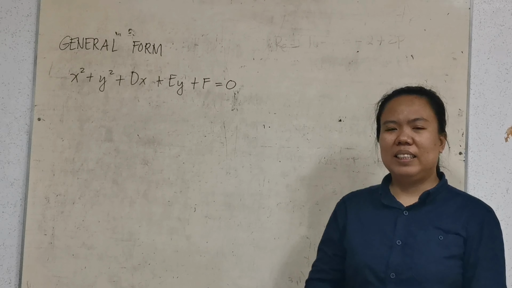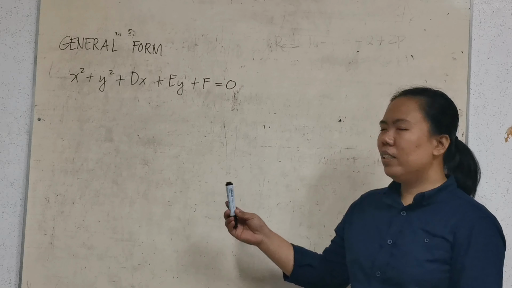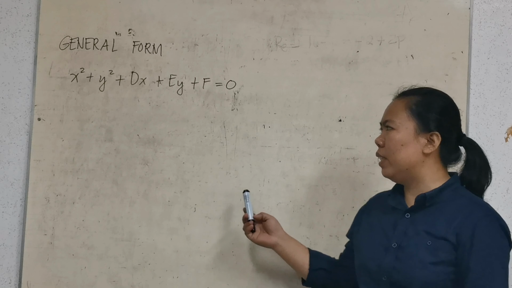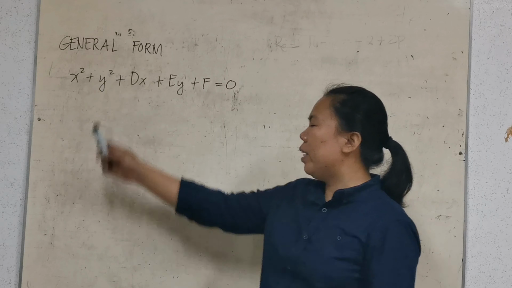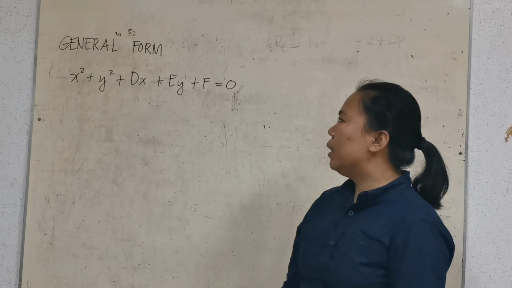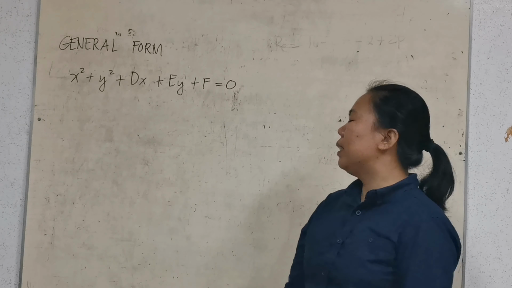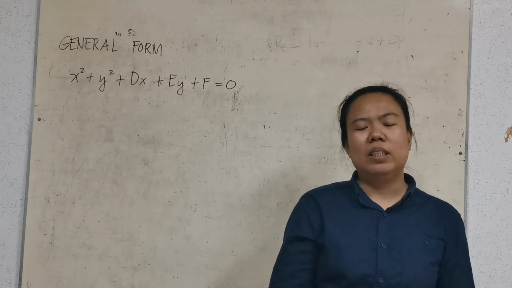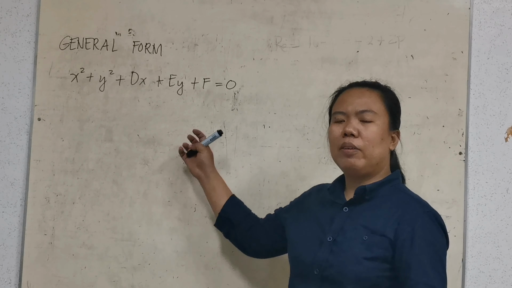The next equation is the general form. So the general form of the equation of a circle is defined as x squared plus y squared plus dx plus ey plus f is equal to 0. How did they derive this equation?